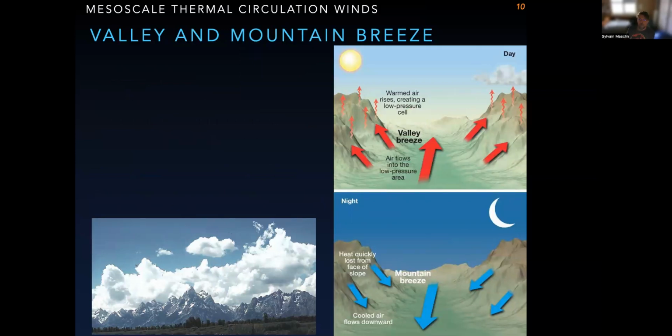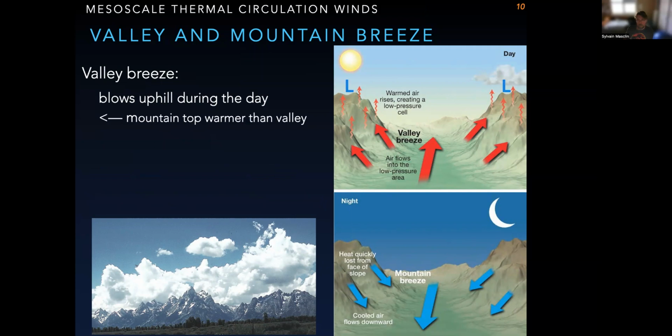The valley breeze will happen during daytime. During daytime, particularly during the morning, the top part of the mountain will be warming up faster than the bottom part and the valley itself. So you're creating a low pressure system because the air getting lighter will start to rise up. At this point, you will have a low pressure, and you can consider the valley to be colder, more like a high pressure system.